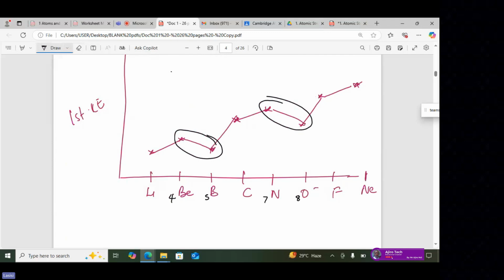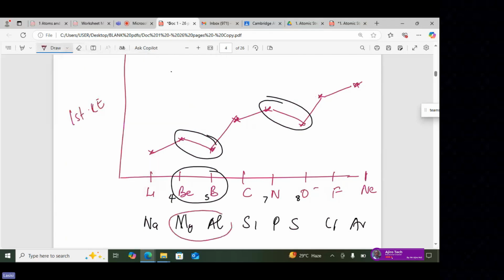The same thing is also observed in the following period, as in sodium, magnesium, aluminium, silicon, phosphorus, sulfur, chlorine, and argon. Either between these two, also between these two. Are you there?